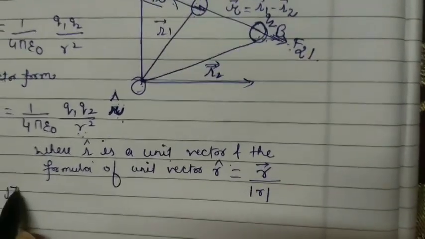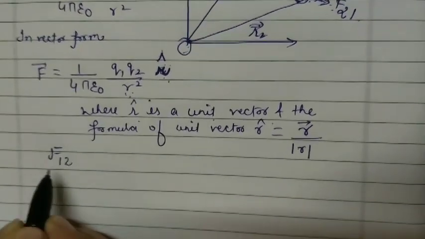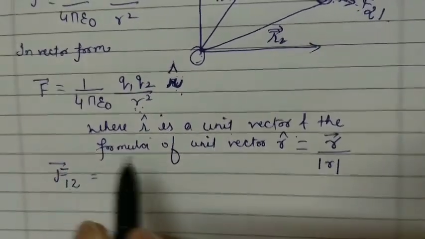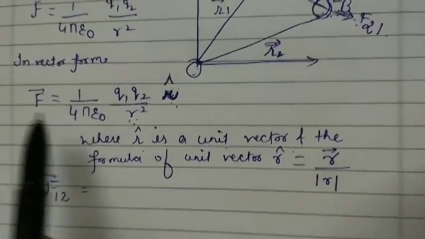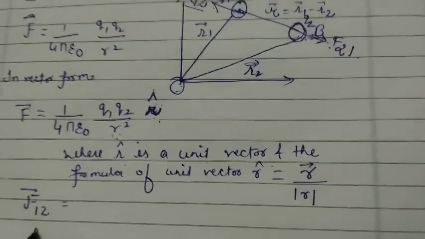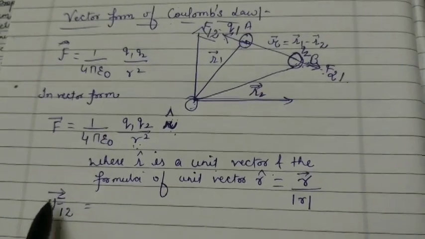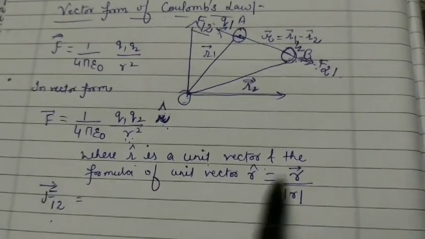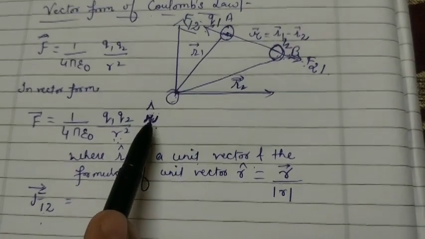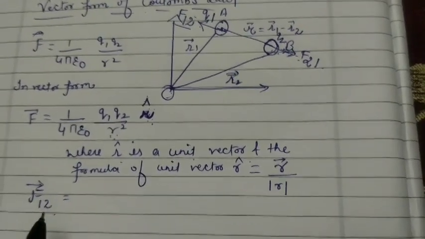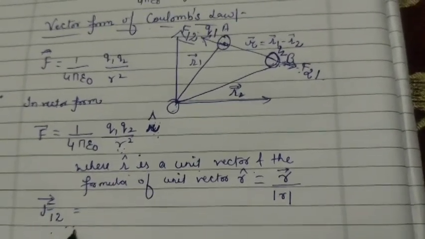Now we will find the force on 1 due to 2. Similar to the previous case, in scalar form we didn't write the magnitude and direction, but here we will write the magnitude and direction also.